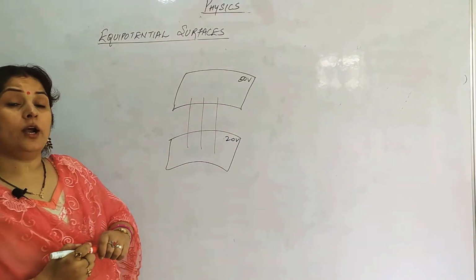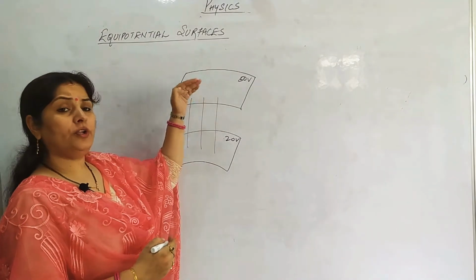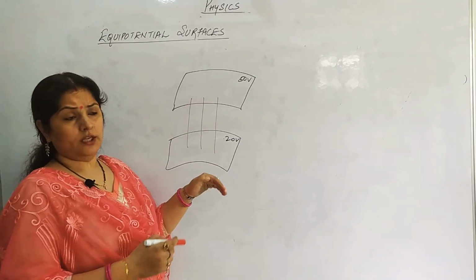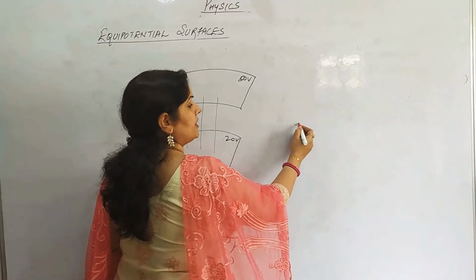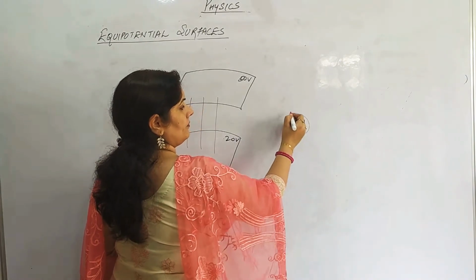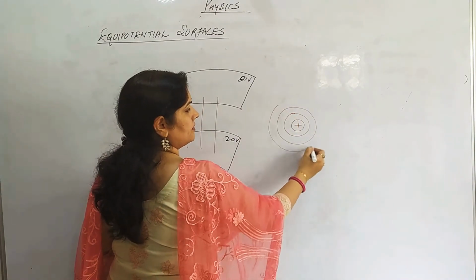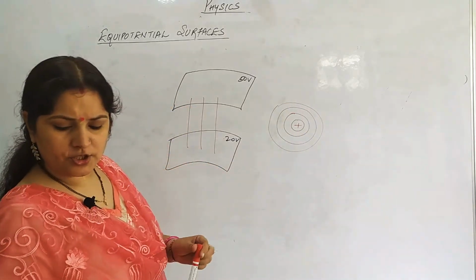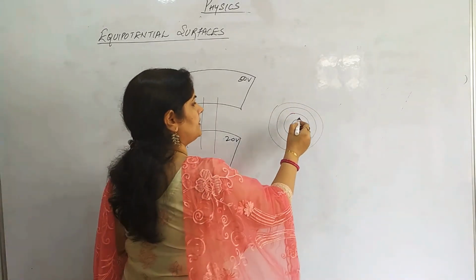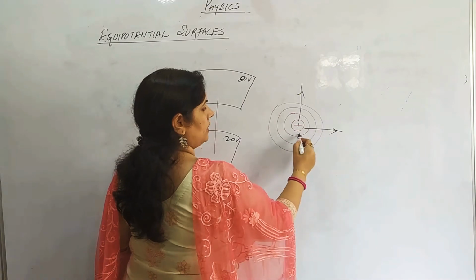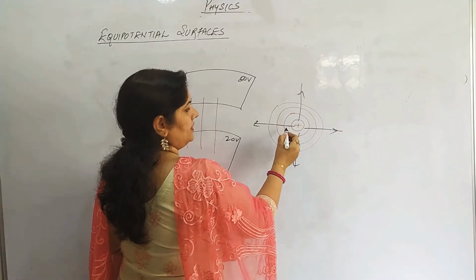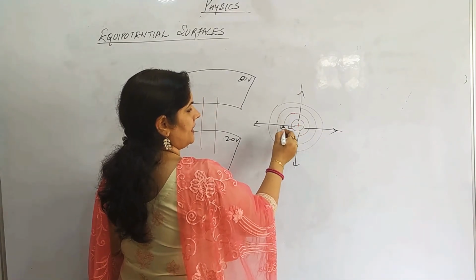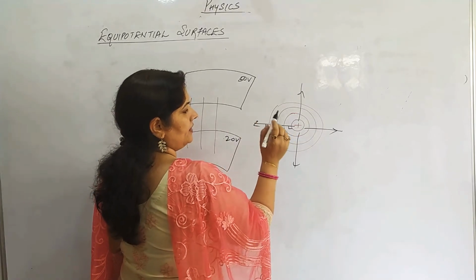Now how to find out whether the electric field is from 20 to 50 or from 50 to 20? Let us consider a point charge. These are the equipotentials. Due to a point charge, the direction of electric field is always outwards in all directions. This angle is 90 degrees, this is 90, this is 90.